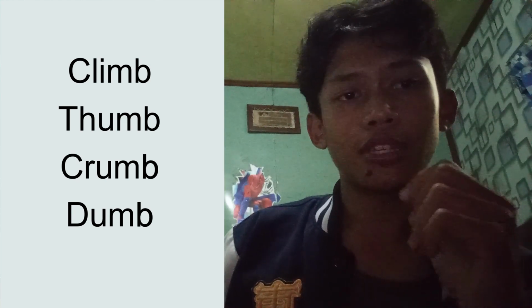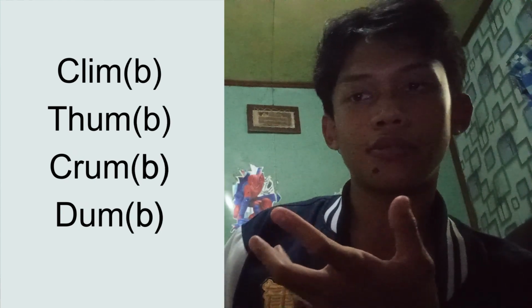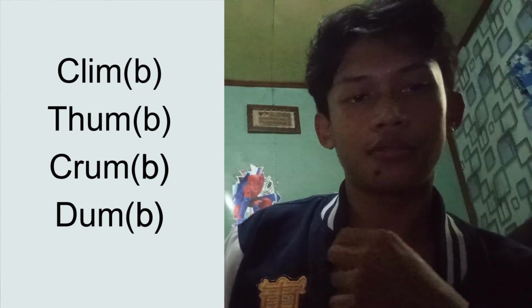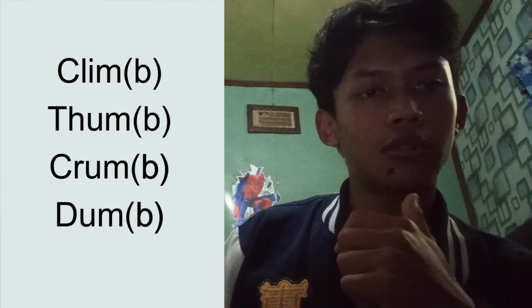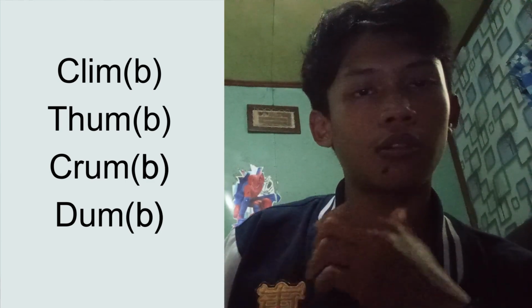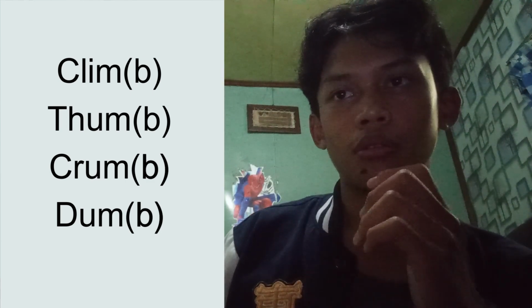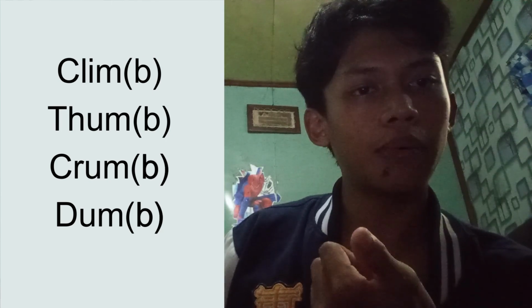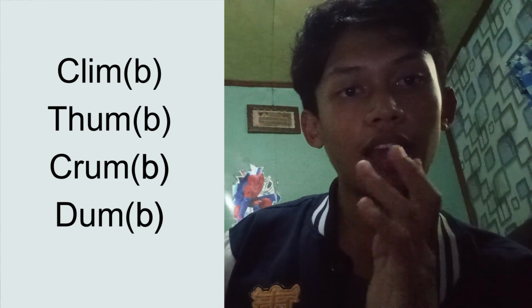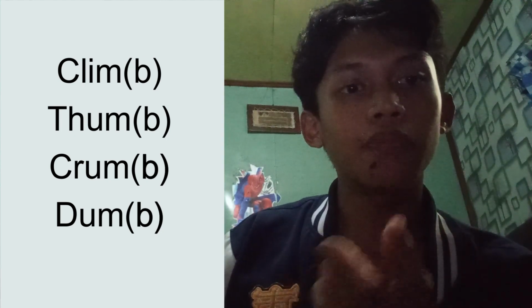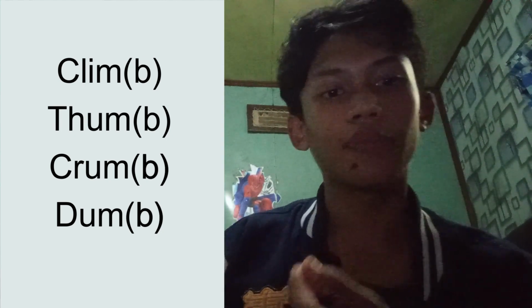You can just get rid of the B. You don't read it with the B, but more clearly: climb, crumb, thumb, and dumb.